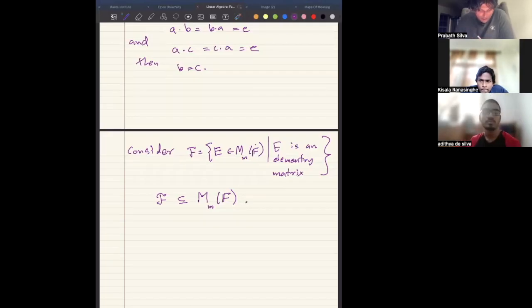Now the question is, I was claiming earlier that these elementary row operations form a group. Like you were saying that we should be thinking of those as a group, right?